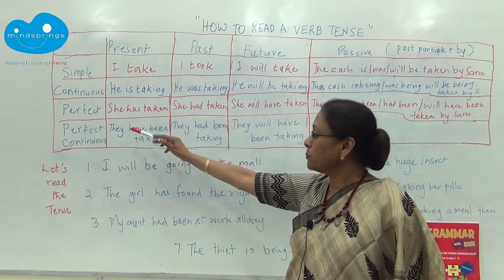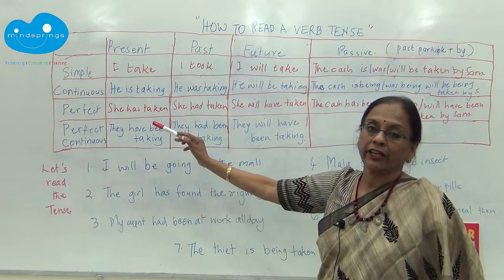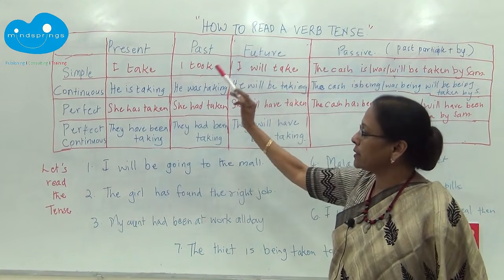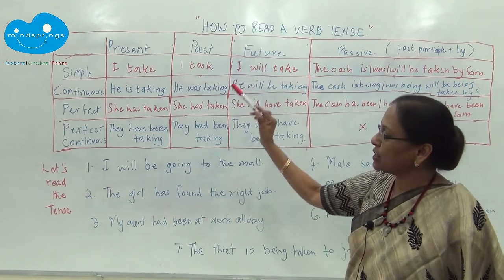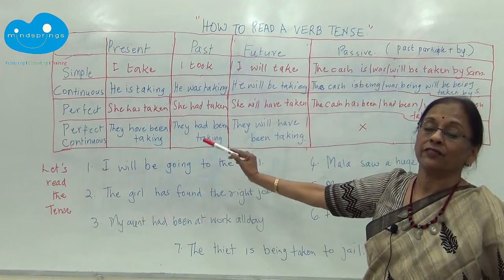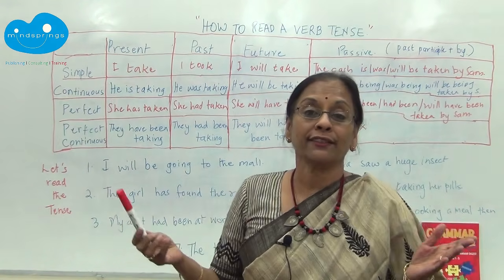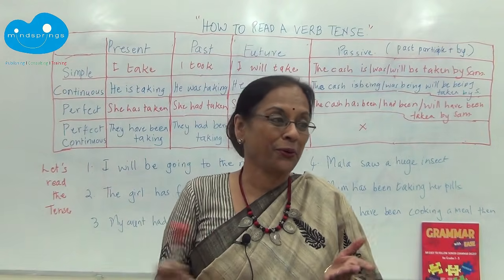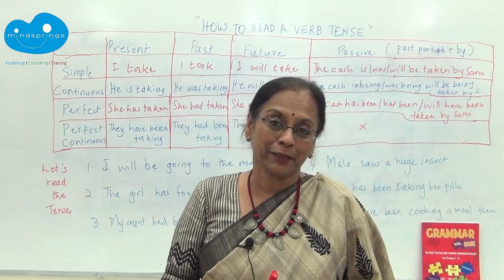And then you've got present perfect, past perfect, future perfect, passive perfect, and then present perfect continuous, past perfect continuous, future perfect continuous, passive perfect continuous. Just saying that is confusing me. So I can imagine people trying to learn it, how hard it must be.